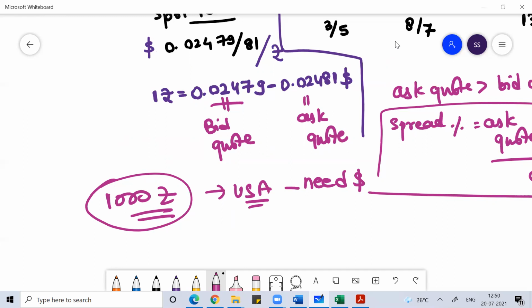Do you know what the bid quote is? The bid quote is the rate at which the bank buys foreign currency. The ask quote is the rate at which the bank sells foreign currency. So if you have 1,000 rupees with you, the bank will buy rupees from you at 0.0279 dollar, and the bank will sell rupees to you at 0.02481 dollar.